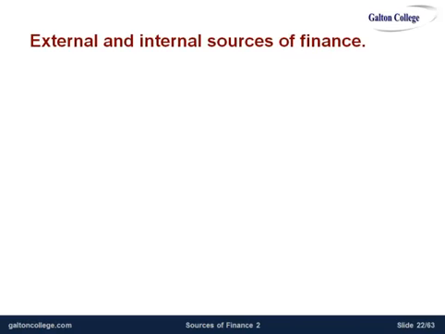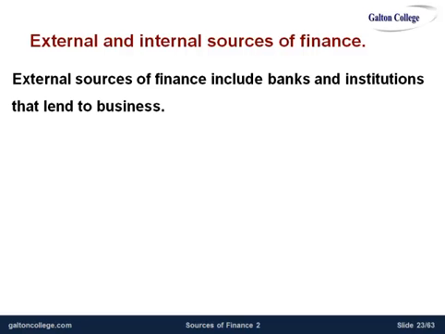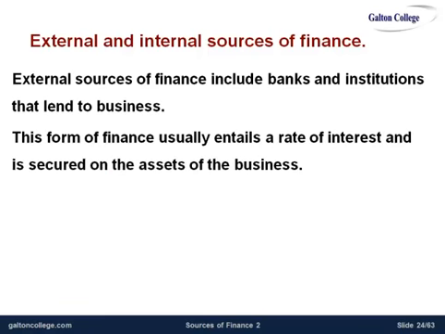Now, external and internal sources of finance. External sources of finance include banks and institutions that lend to business, venture capitalists or whoever. This form of finance usually entails a rate of interest and is secured on the assets of the business.